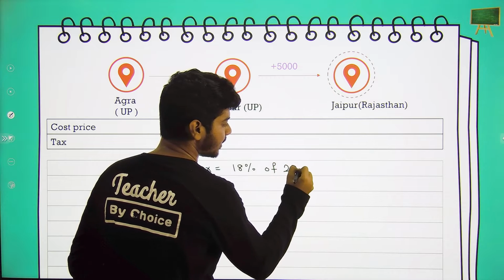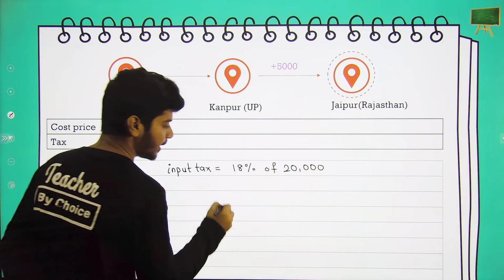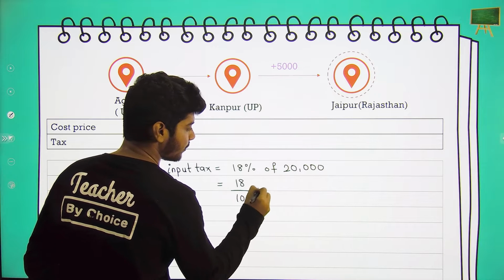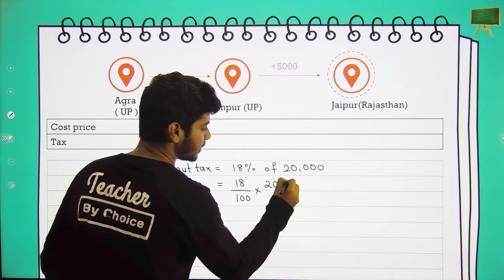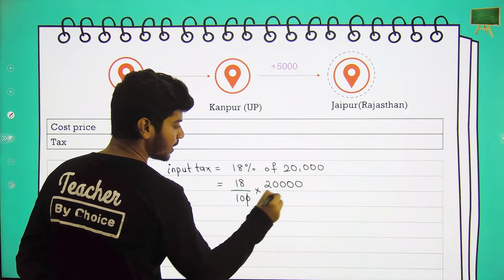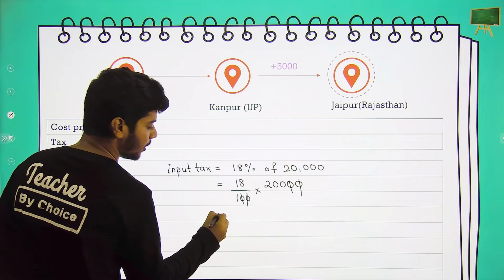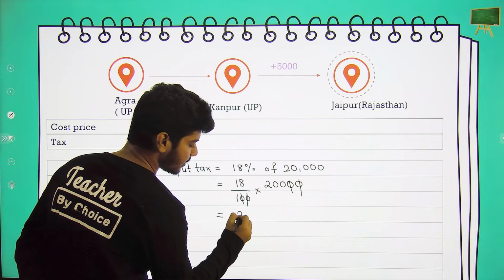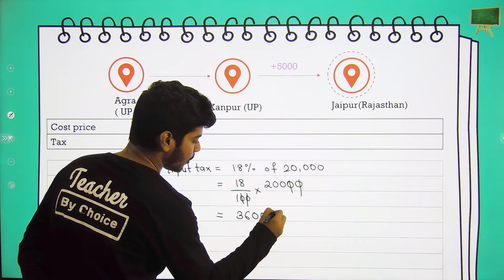So can I say 18 divided by 100 of means multiplication, of 20,000 rupees. Zero cut, zero cut, zero cut, zero cut. Now let's multiply 18 by 20, which gives 3600.